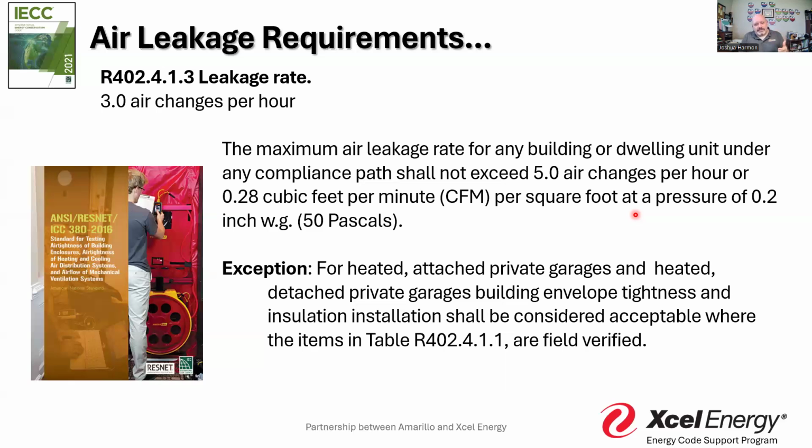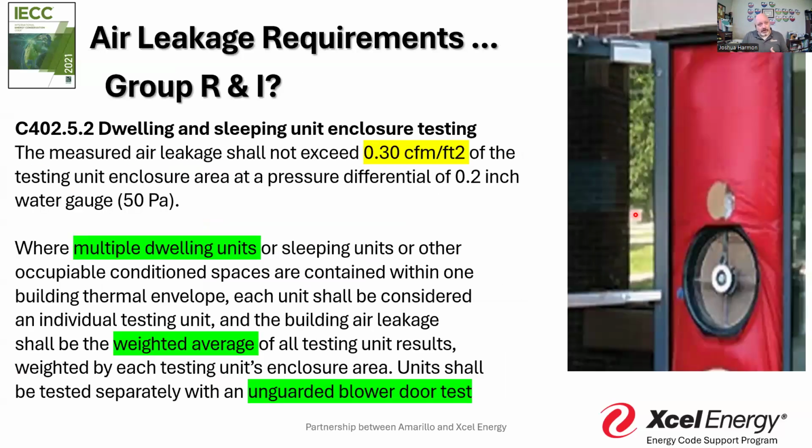Now, where this starts to become, to me, a little bit more interesting when it comes to air leakage is when we start thinking about our multifamily. Because remember, our multifamily are going to follow what we see on the commercial side as well, right? When we start talking about more than 2 family dwellings, not townhouses, we start talking about a true multifamily unit.